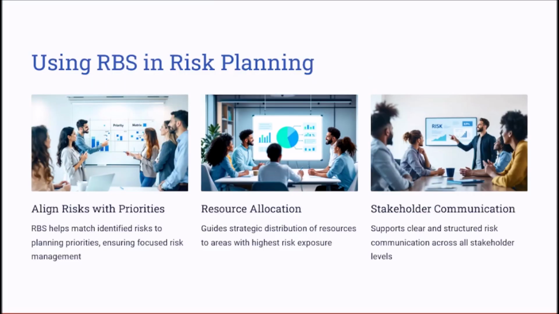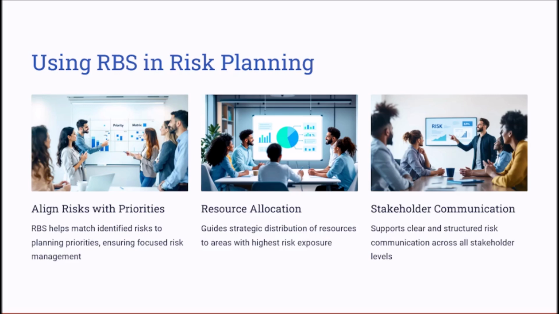And how can you use the RBS in risk planning? Integrating the RBS into your risk planning efforts ensures that the identified risks are aligned with the project planning priorities. By categorizing the risks, the RBS highlights the high-risk areas that may require additional resources, attention, or audits.